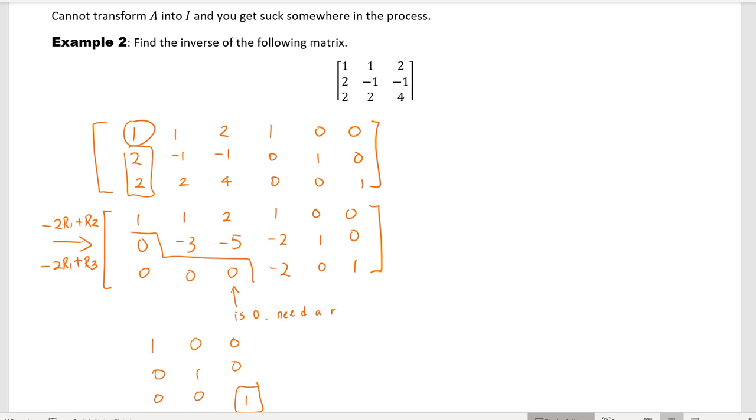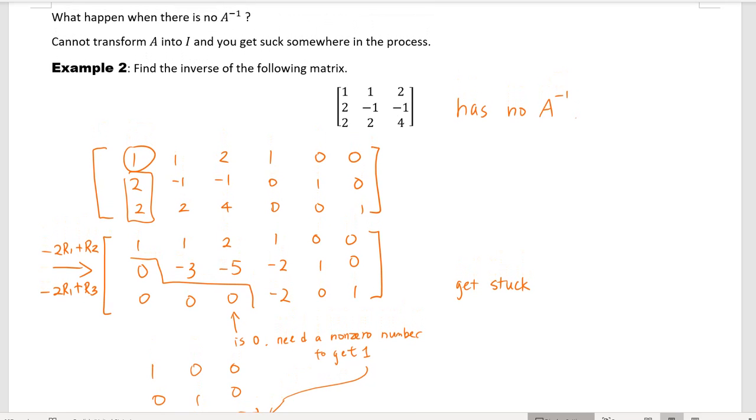We need a non-zero number so that we can divide, and then we can get 1, right? But here, because it's 0, we get stuck. So this matrix has no inverse.